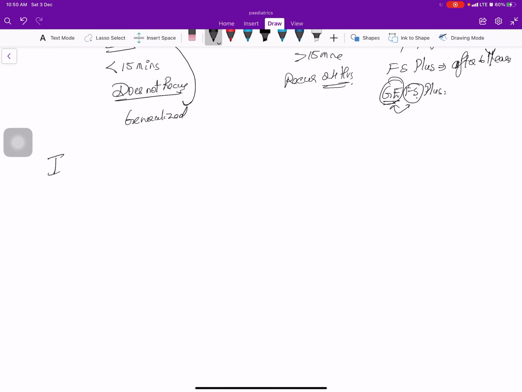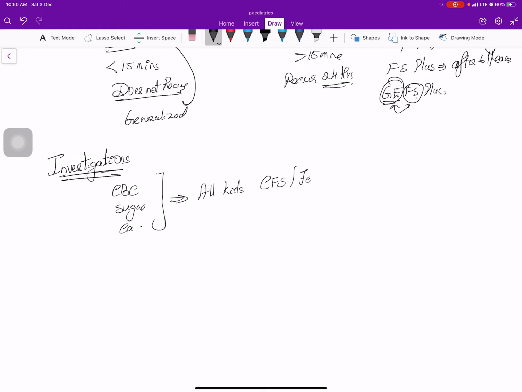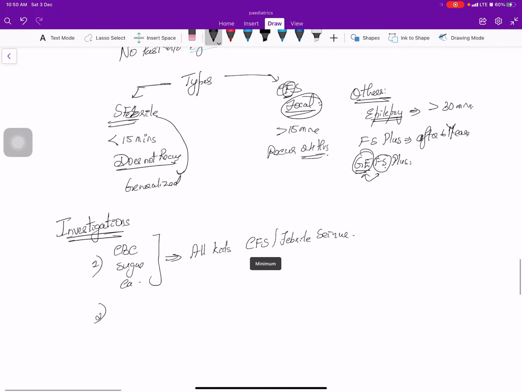So now we go to the investigations. What are the investigations we would do? Obviously the general investigation of CBC, sugar and calcium. And this is done in all kids who have a complex focal seizure or a febrile seizure. An easy way to remember this is just to rule out the conditions.